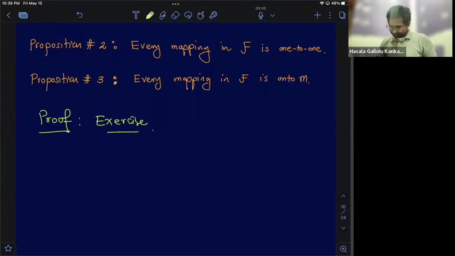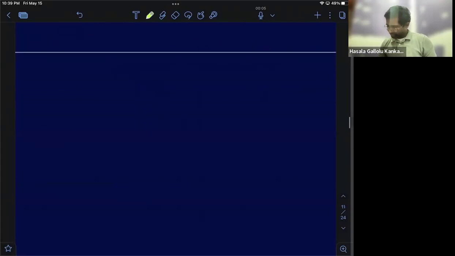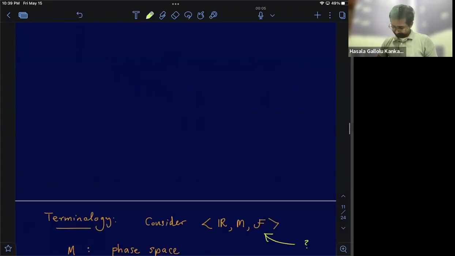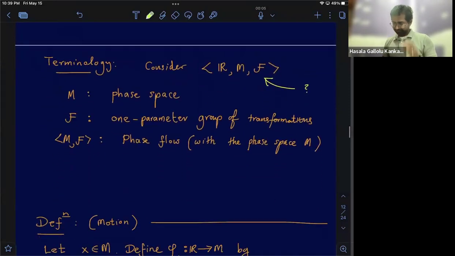All right, so let's proceed. Right, so that is the background of the story.